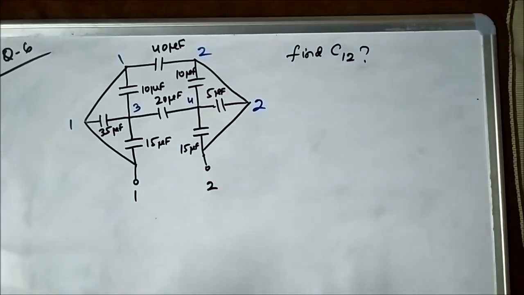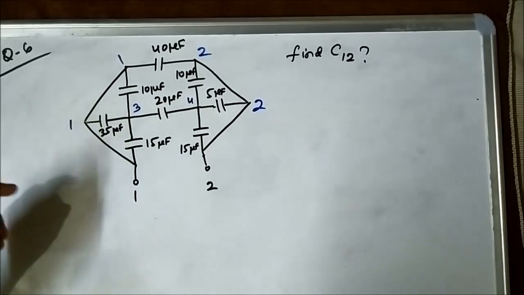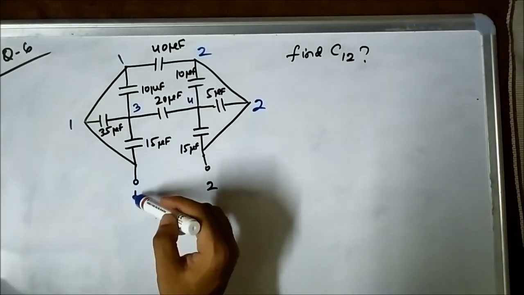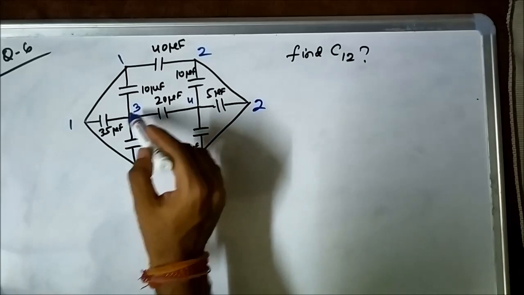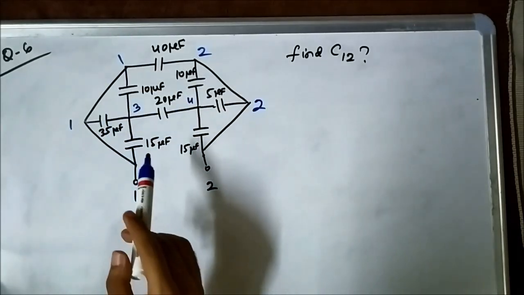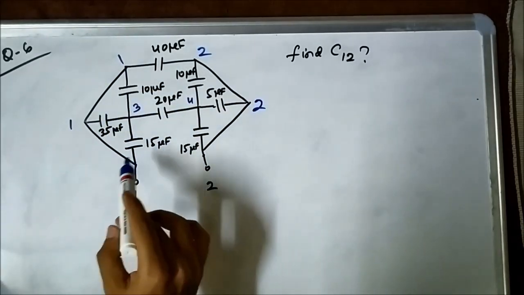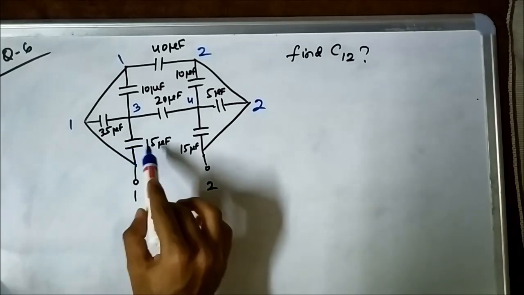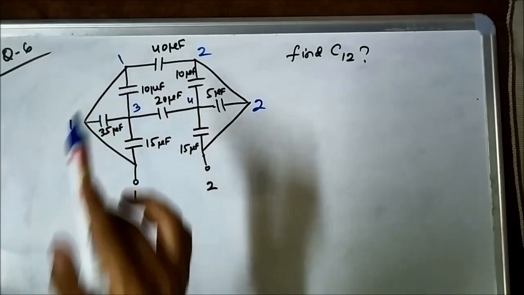The next thing to find out is which capacitors are connected in between which 2 points. We can see in between points 1 and 3 there are 3 capacitors connected: 15 microfarad, 35 microfarad and 10 microfarad.